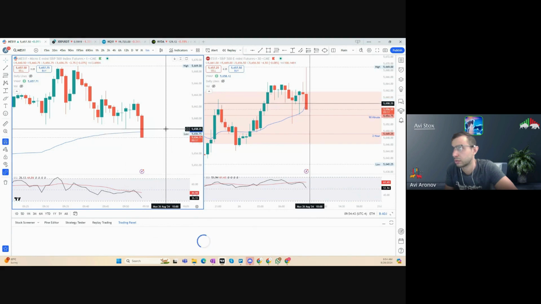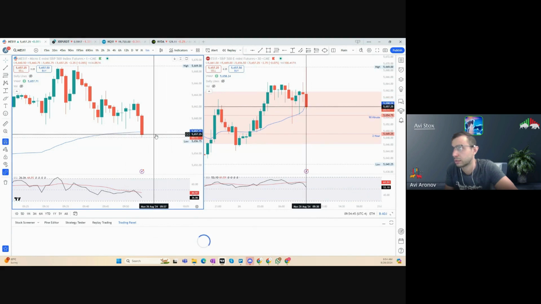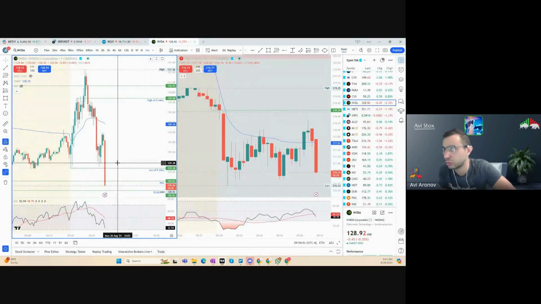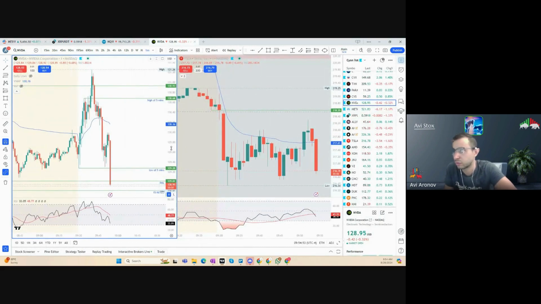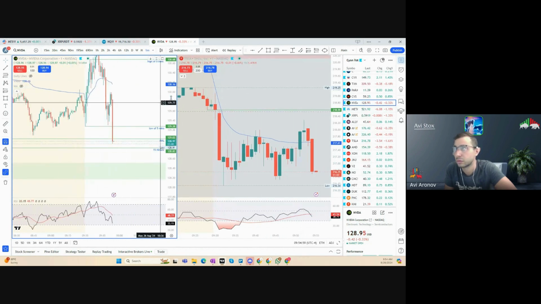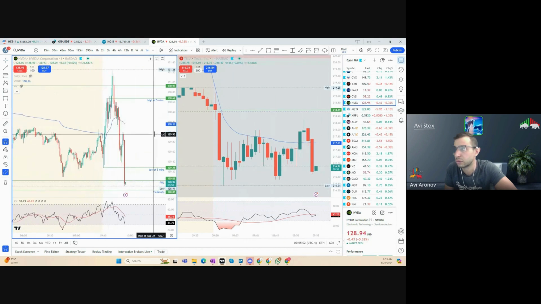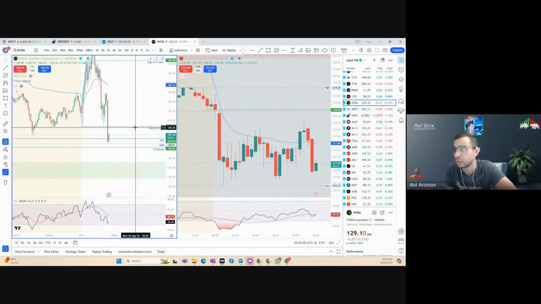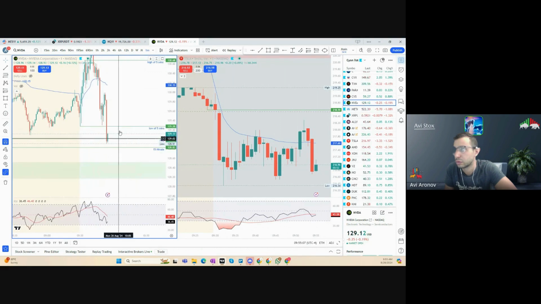So, right there, right there, right there. The move is coming. Ooh, look at this move. Go retest the 5 minutes and go lower.